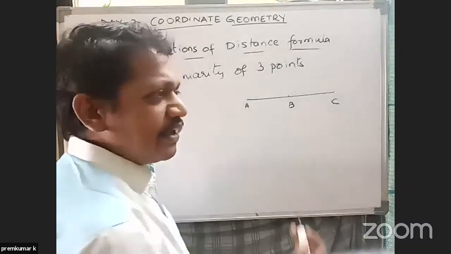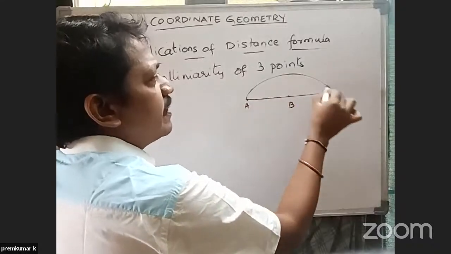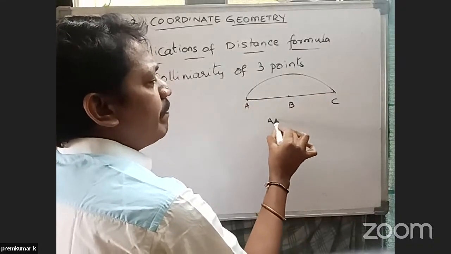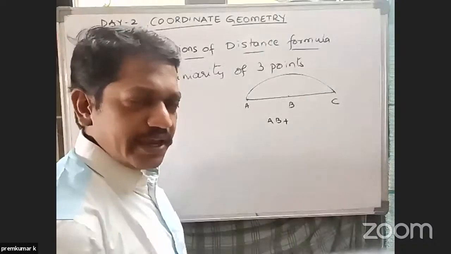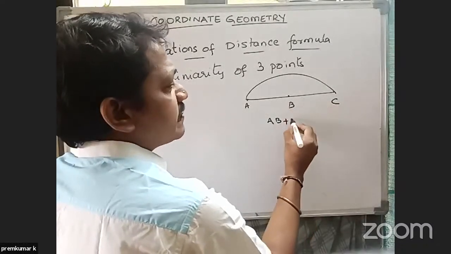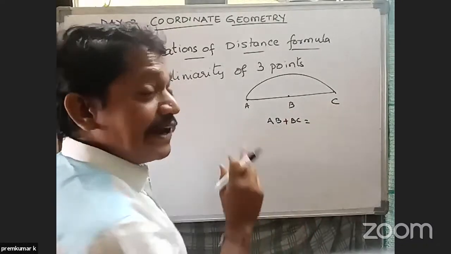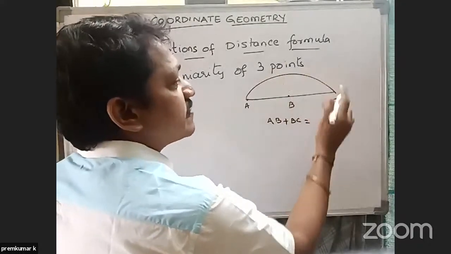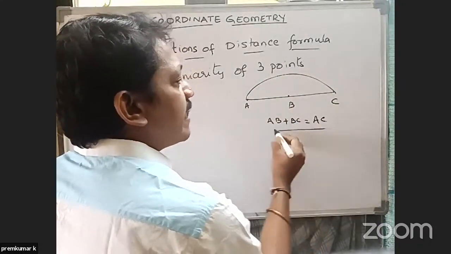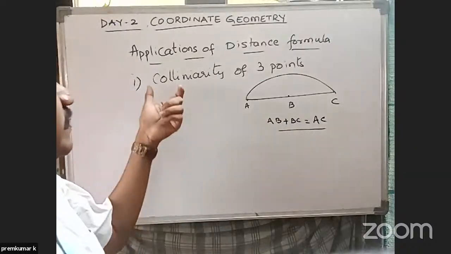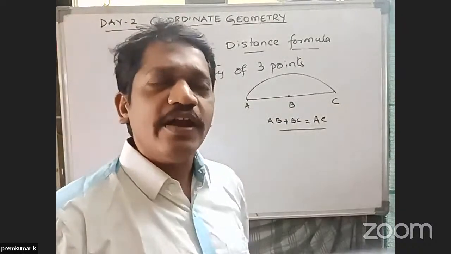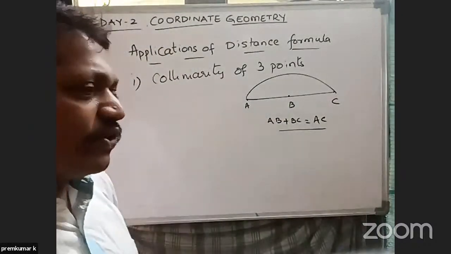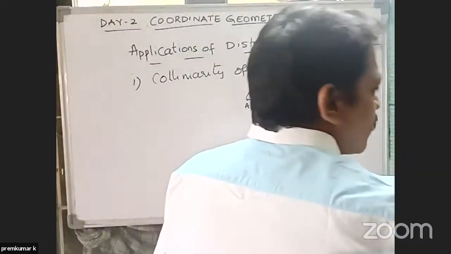That means you find the distance AB, then the distance BC, and then it must be equal to the distance AC. Then our condition is satisfied, and the 3 given points are collinear. Like that, we have to go using the distance formula.